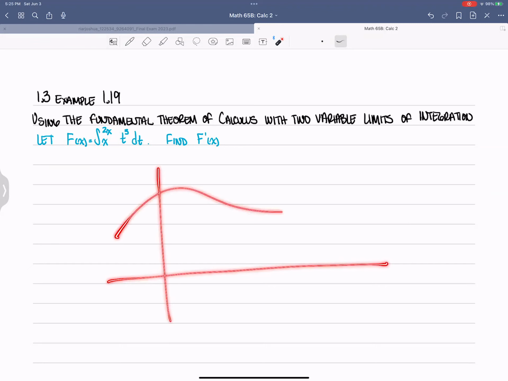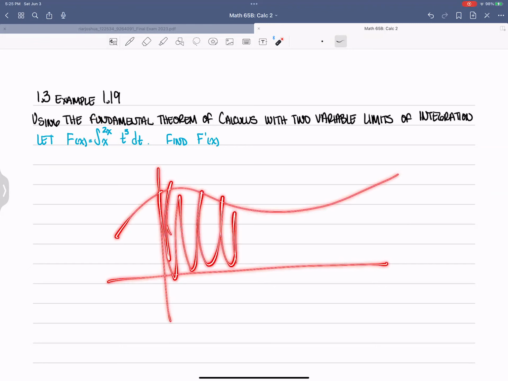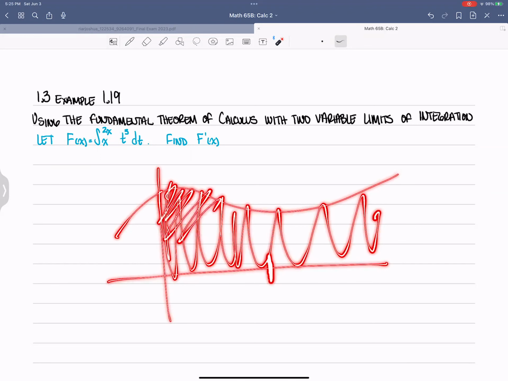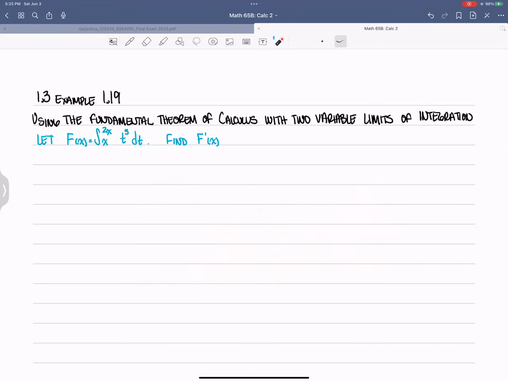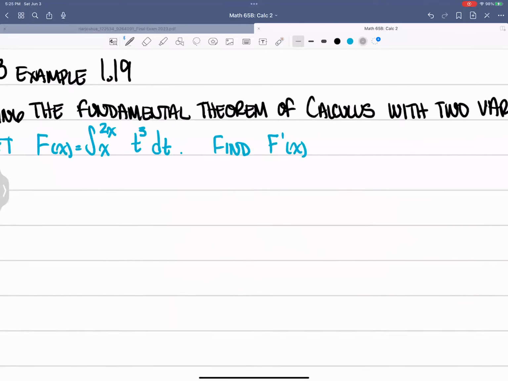Remember when we integrate, we could break it up here. It looks kind of weird, but we could look at those separately. So what we're going to do is separate those two variables into two bite-sized pieces. So let's get to separating.